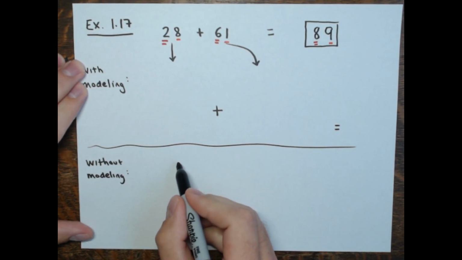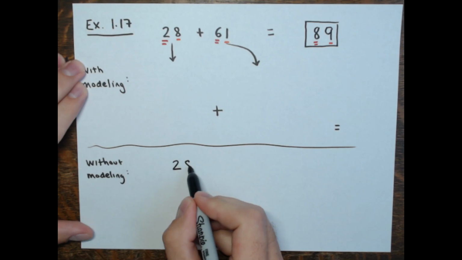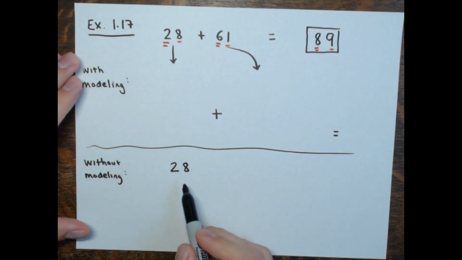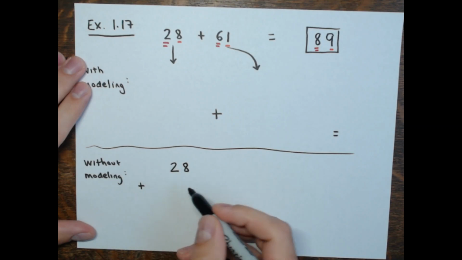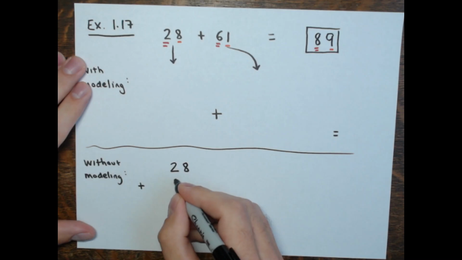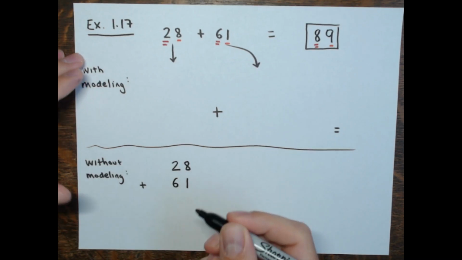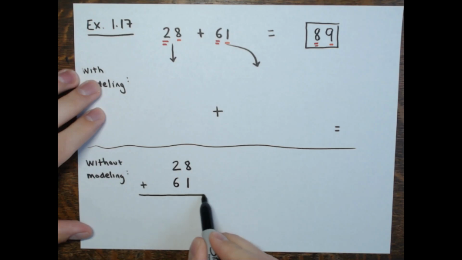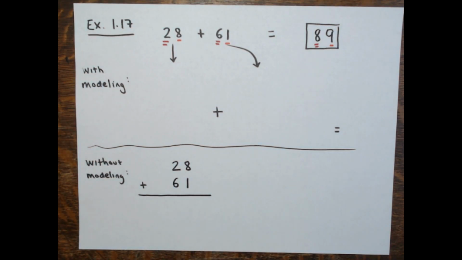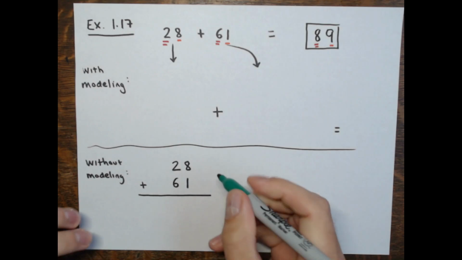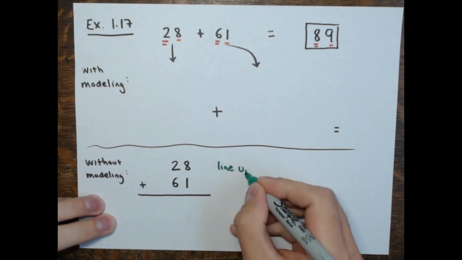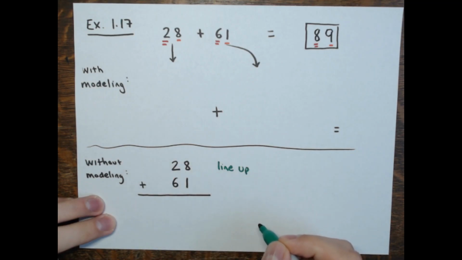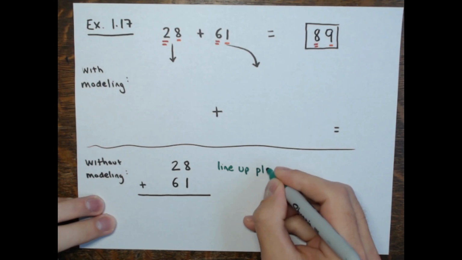You stack them. So I write 28, one of the addends, and then plus, I'll do it vertically, stack them, and then 61, and they'll have a little bar underneath for equals. And when you're doing this, make sure to line up place values.